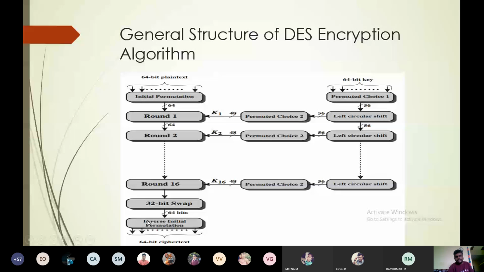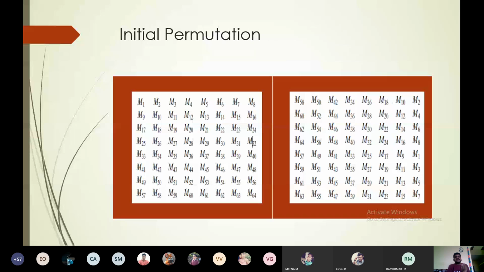For the inverse initial permutation, for example, you have this data in an 8 cross 8 matrix. You have M1, and I can take M1's data as A. I've already told you the given data will be in the format of an 8 cross 8 matrix. So M1 contains A as data, so in our original plain text, M1 data is A. That A is moved to another place after initial permutation.